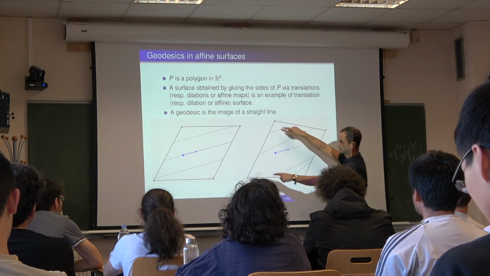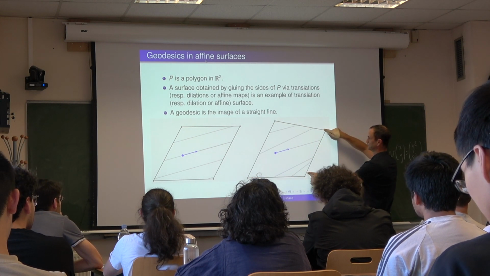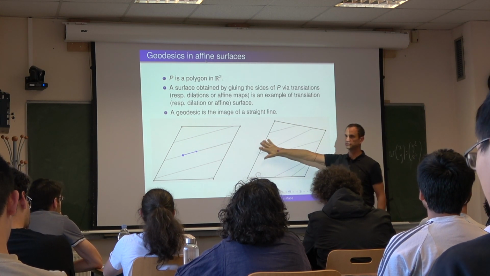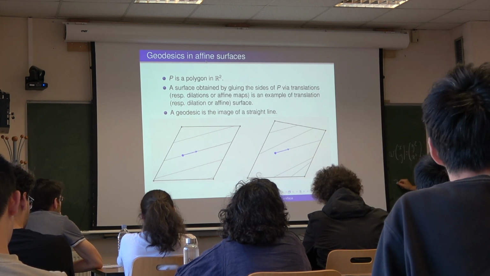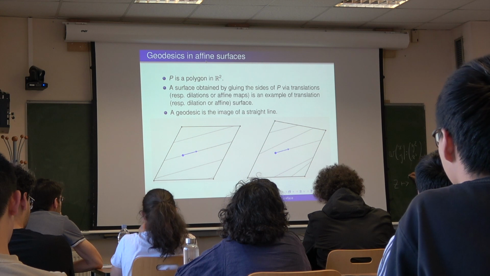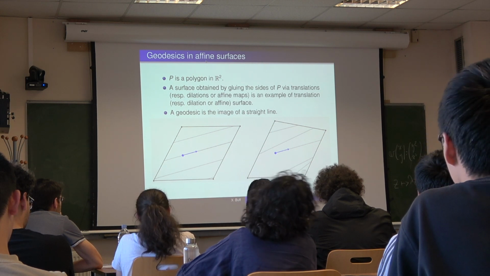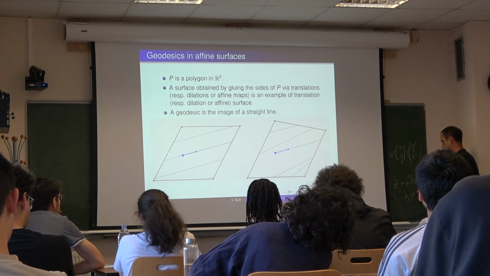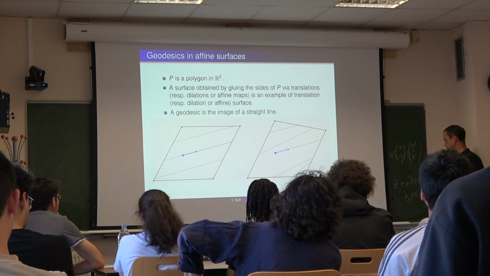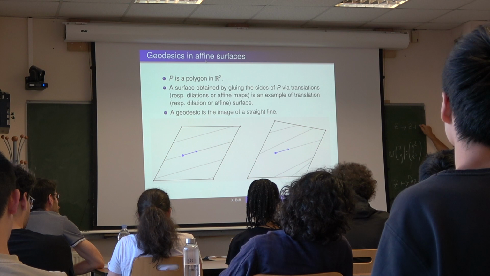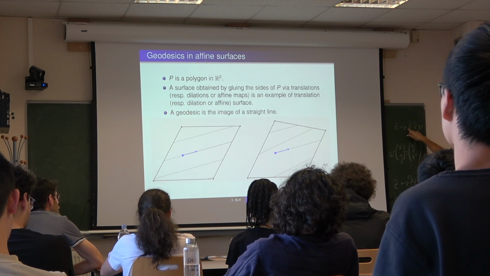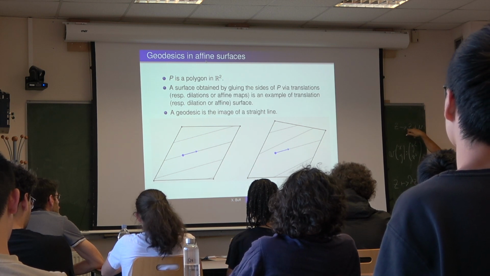What I can use to glue this side to the opposite side is just an affine map. z goes to lambda z plus mu. Lambda and mu will be complex numbers. The translations were just z goes to z plus some mu, and the coefficient in front, lambda, was 1.